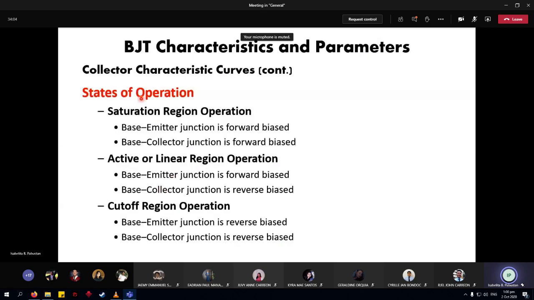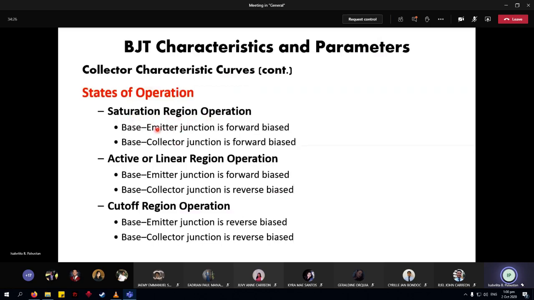Now, this is the state of operation for those three operation regions. This is the active. This is what we were doing last time with the circuits. Base emitter forward, base collector reverse.